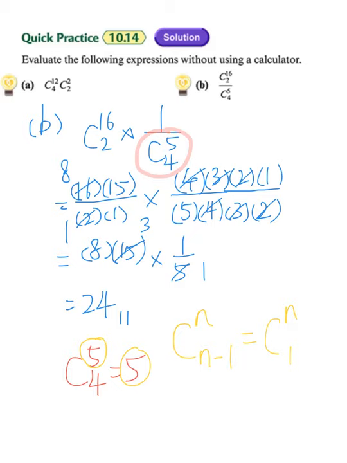So you select one item from n items. That means you have n choices. So that's why the answer is n, and that's why here it is equal to 5.